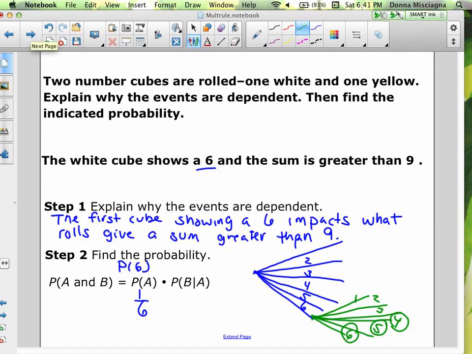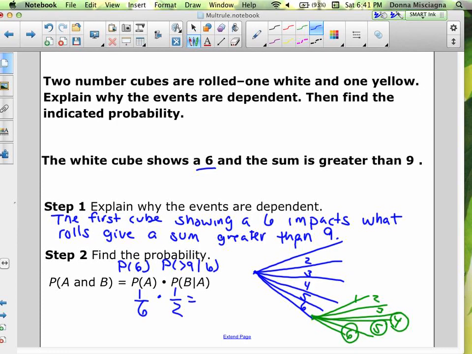So given that we already have the 6 occurring, because we're told that this is the probability given this has already occurred, we have 3 options. So now our probability for the second one, the probability of greater than 9, given that we got a 6 already, I'll just put given the 6, so that just means given that the 6 has already occurred, we've got now half the choices.